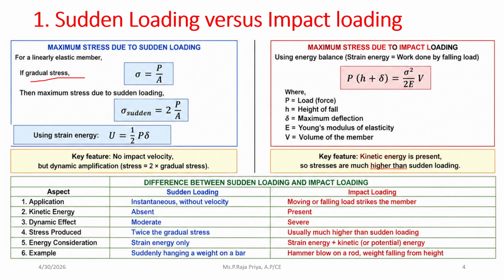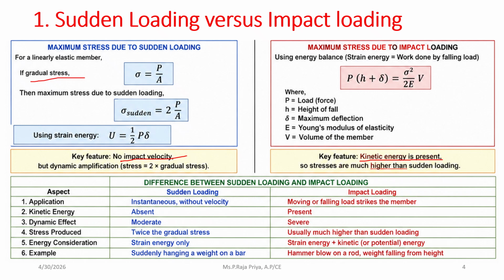The key feature in case of sudden loading is that, as we have seen in the previous slide, there is no impact velocity, but there will be dynamic amplification, and the stress will be 2 times that of the gradually applied stress. And in case of impact loading, the key feature is that kinetic energy will be present and the stresses will be much higher than in sudden loading.